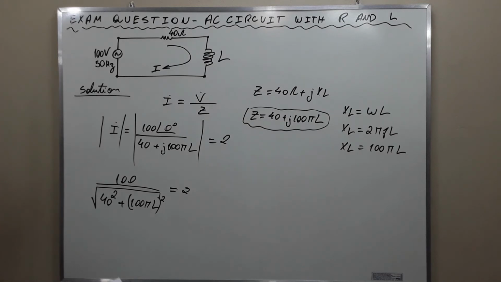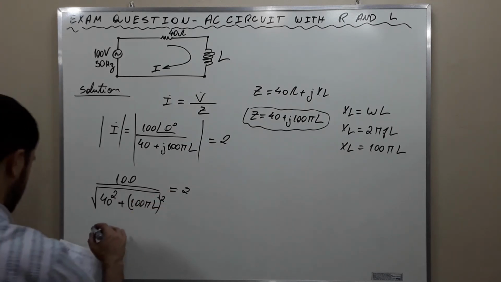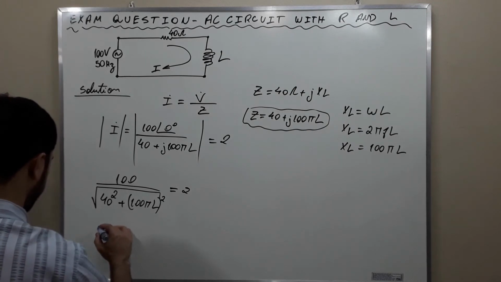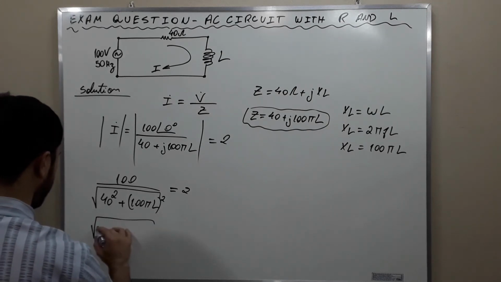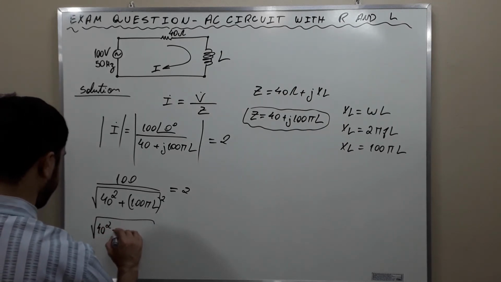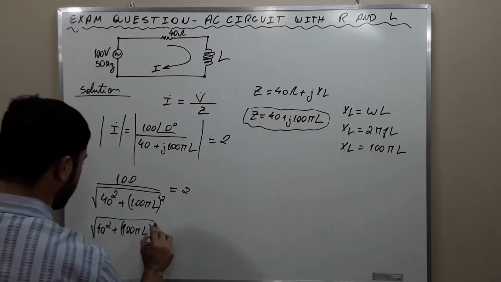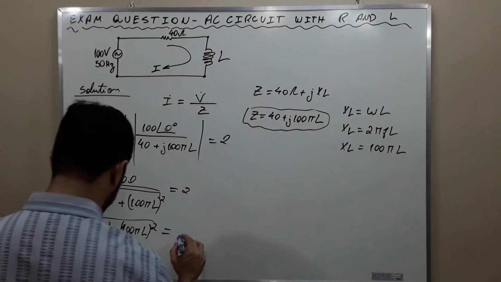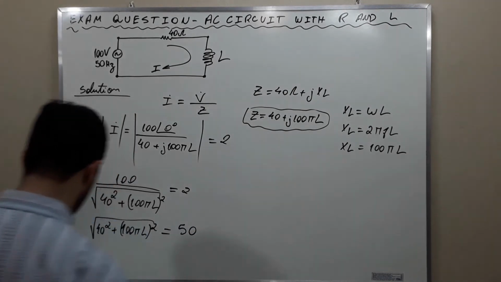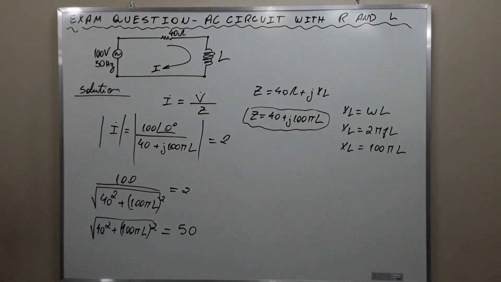Then, after manipulating this, we find that the square root of 40 squared plus 100 pi L squared is equal to 50.